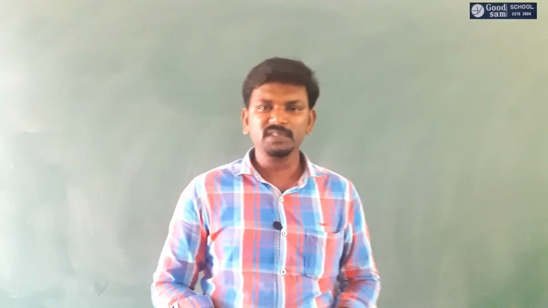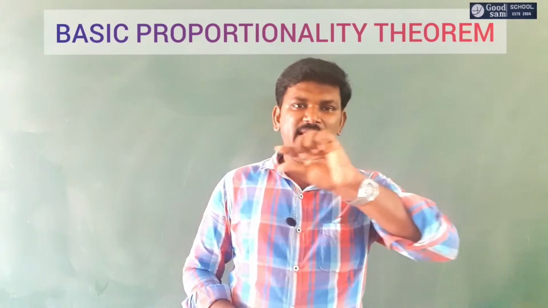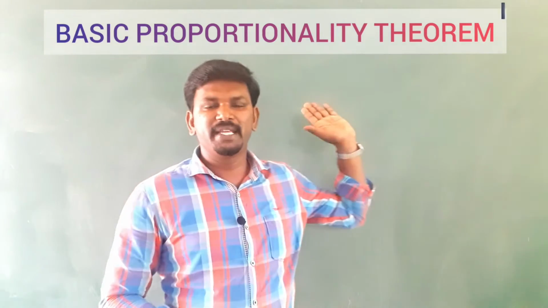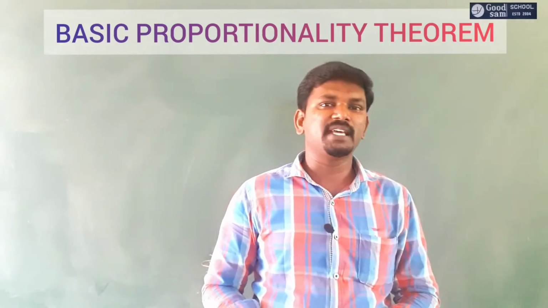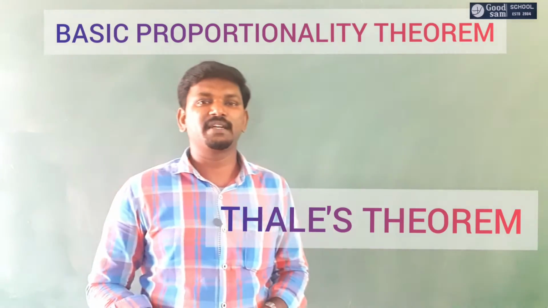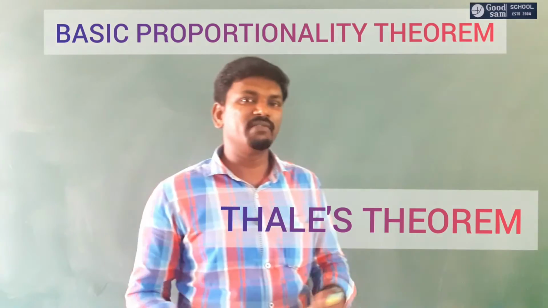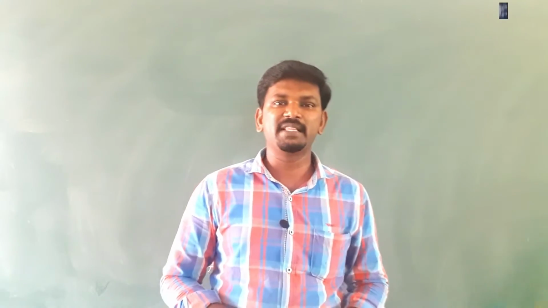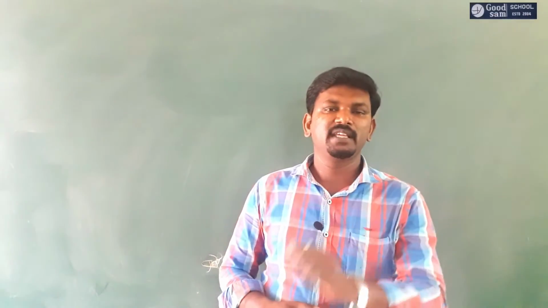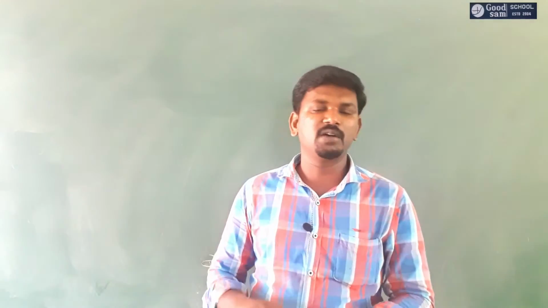Okay. So write the heading: basic proportionality theorem. Simply it is known as BPT or Thales theorem. Thales, you are all very familiar with, was a Greek mathematician. So Thales theorem, BPT, or basic proportionality theorem, all those things are the same.